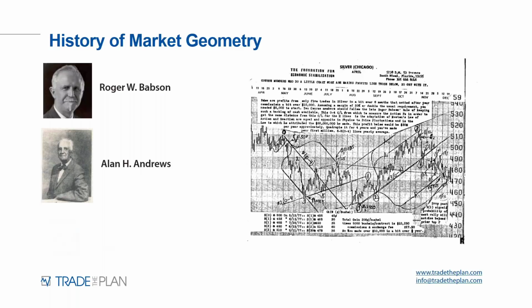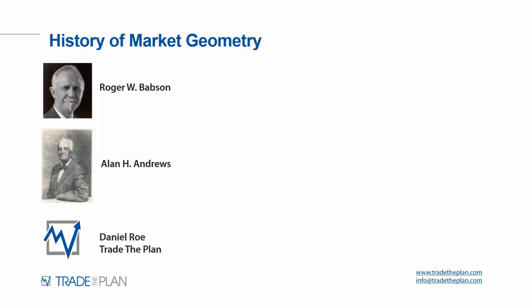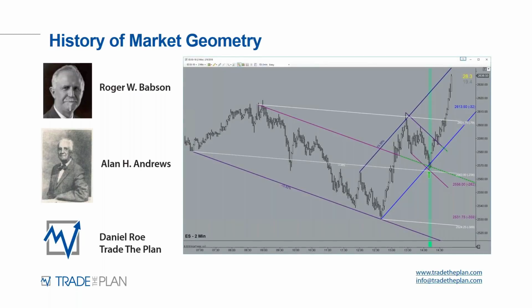So Dan's vision is to take these proven concepts and bring them into the 21st century and expand on them. So this method, the TTP trading method, along with the ToolBarPRO, is the most advanced market geometry tools available in the trading industry. We constantly make them better and better, and this is why it's exciting to be involved with TTP and these tools, because it's actually advancing the industry. It's moving it forward, and that's what's exciting about it.